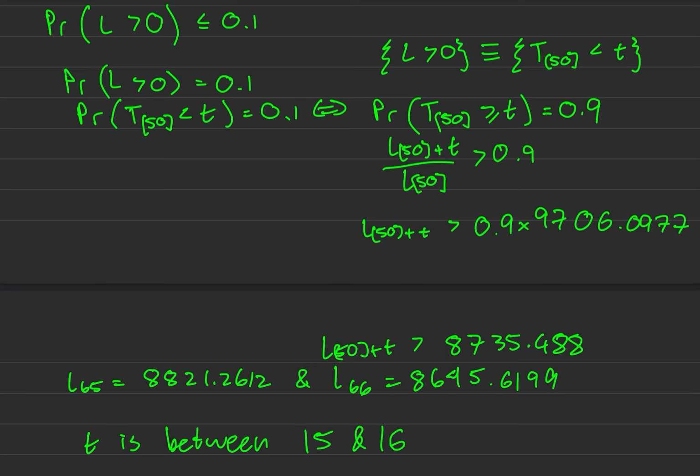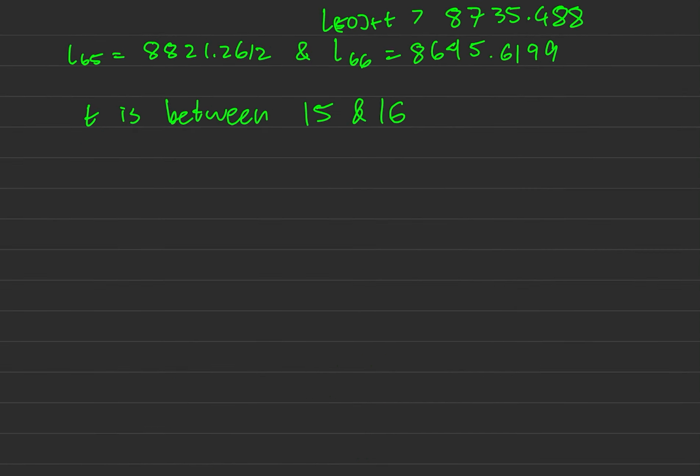If my complete future lifetime where it becomes profitable is somewhere between 15 and 16, then my curtate future lifetime is the whole number part of 15 point something. The whole number part of 15 point something is 15. So I say therefore K50 is equal to 15. And now I'm on the home stretch.